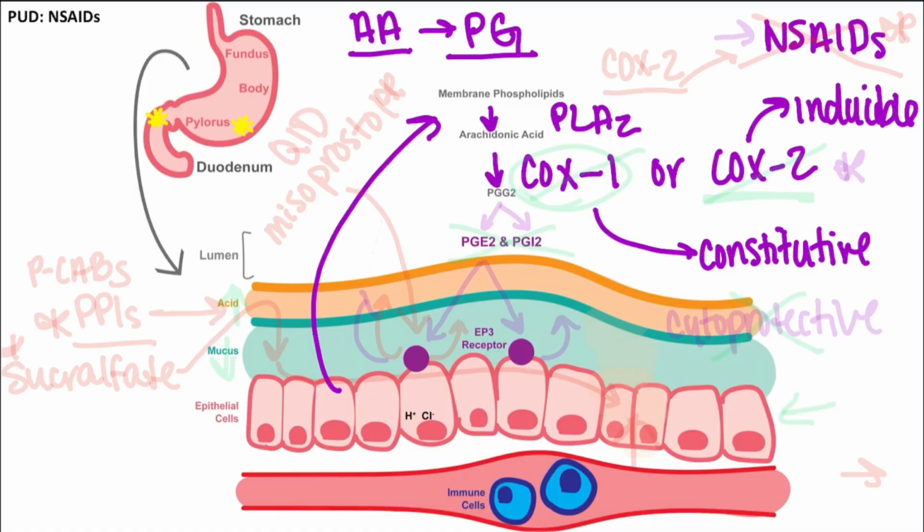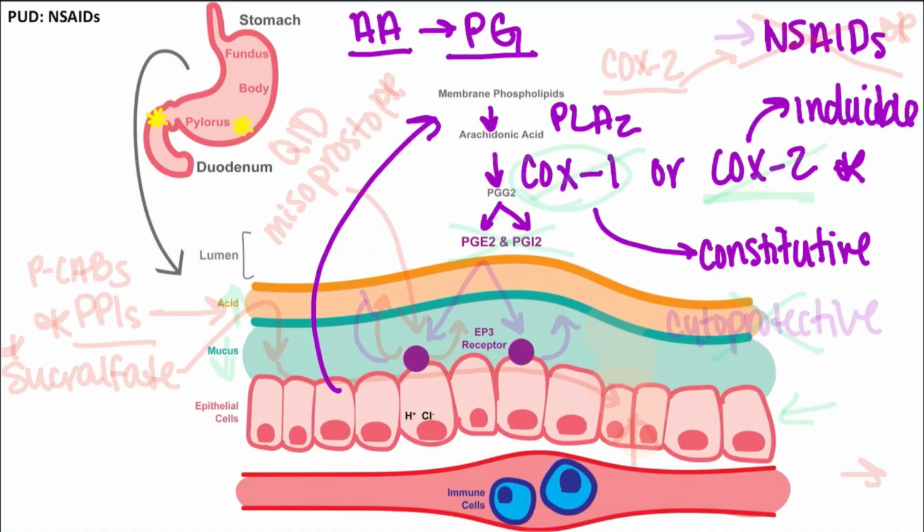And we will revisit these enzymes in just a second. So once we have PGG2, after a series of other reactions, we will end up with PGE2 or PGI2. And PGI2 is also known as prostacyclin.